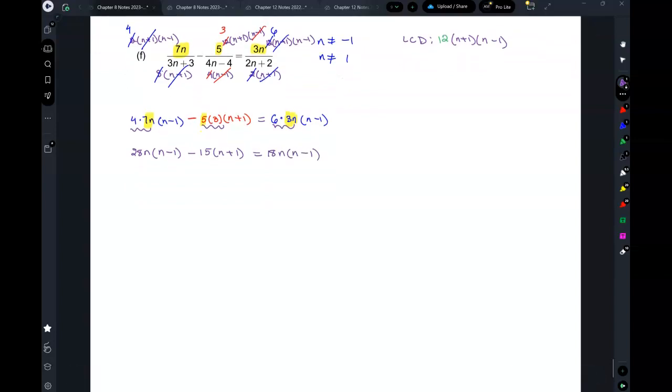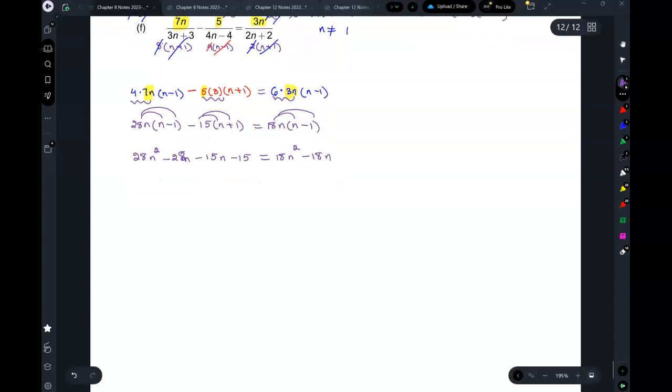Okay? Distribute. 28n squared minus 28n. Distribute the negative 15. And then distribute this. 18n squared minus 18n.